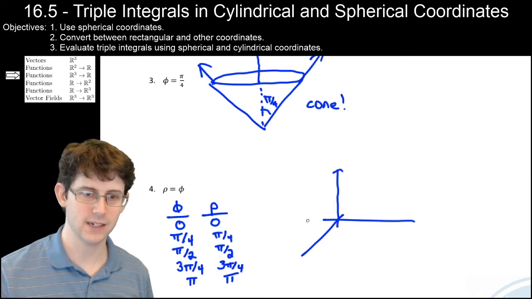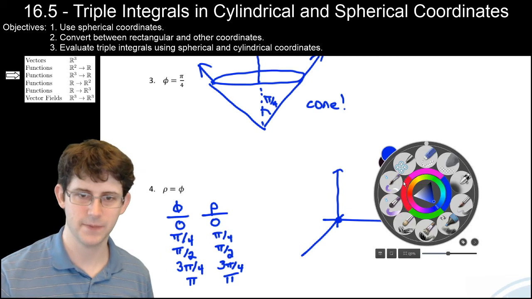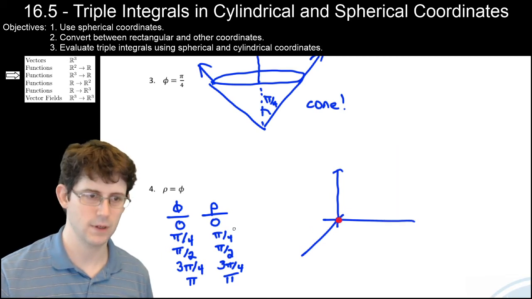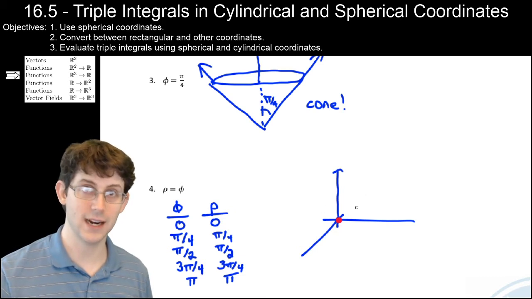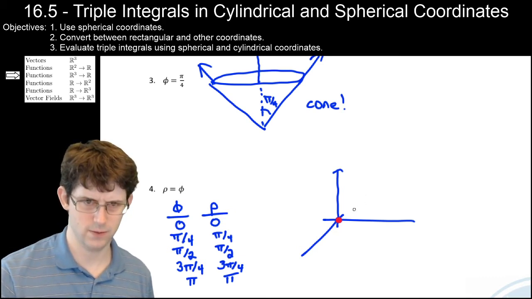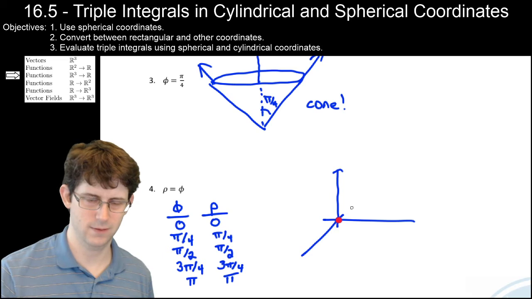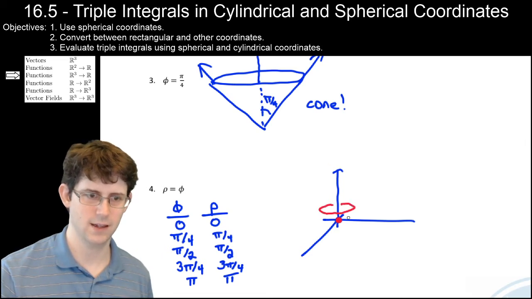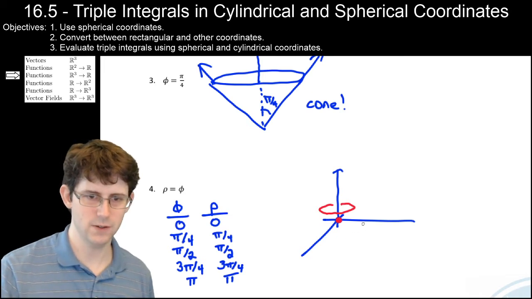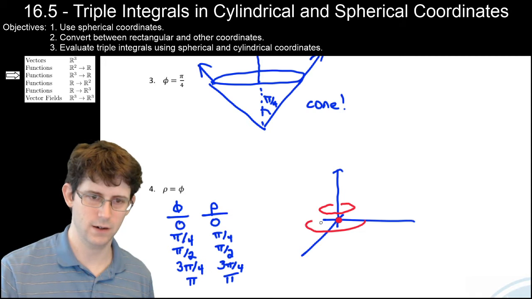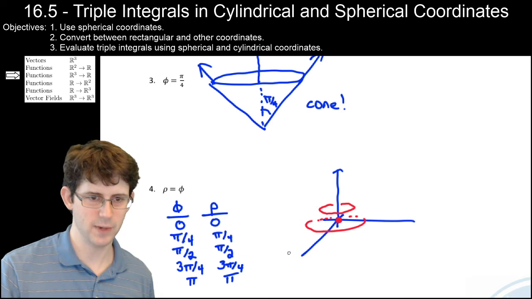At phi equals 0, we get rho equals 0, which is right here. When you let yourself go out onto this cone, you get to go further out. So I guess that gives you a circle. And then when phi is pi over 2, you get to go even further out. When phi is 3 pi over 4, you're even bigger. 3 pi over 4 is like down this way.